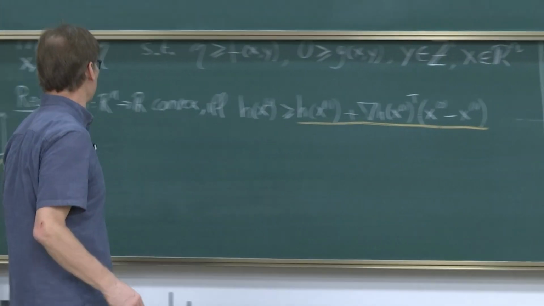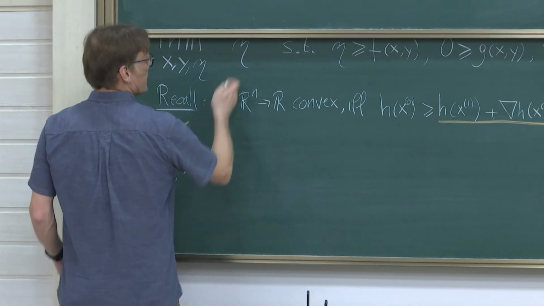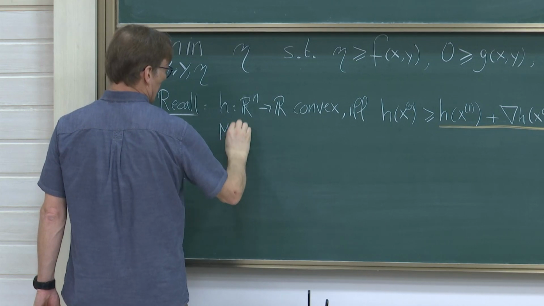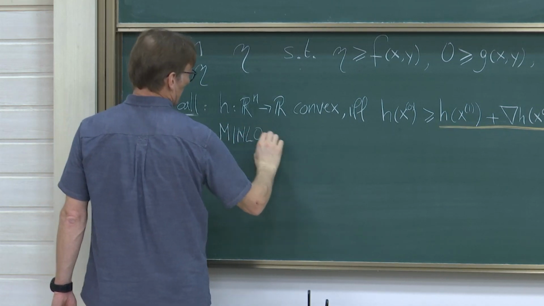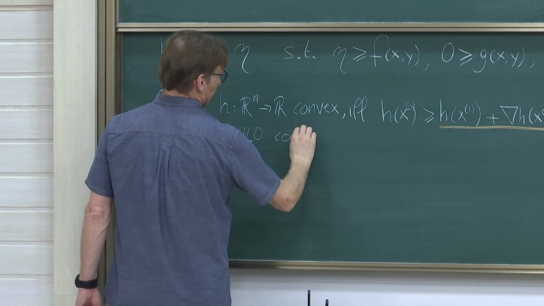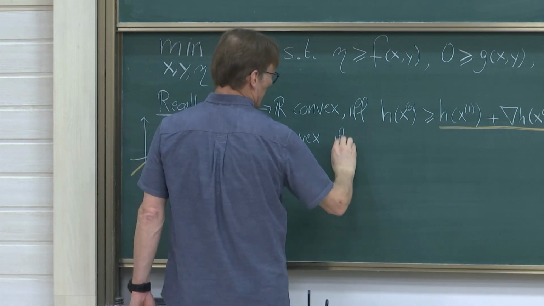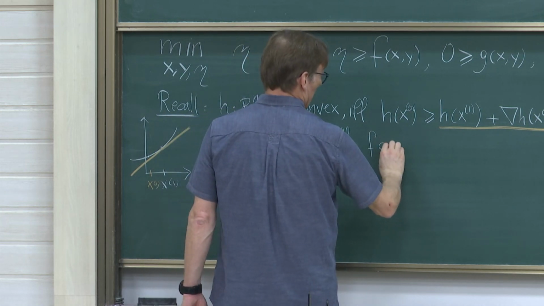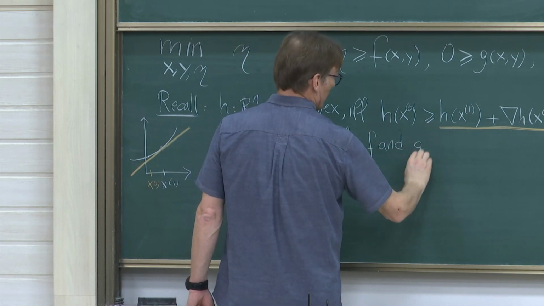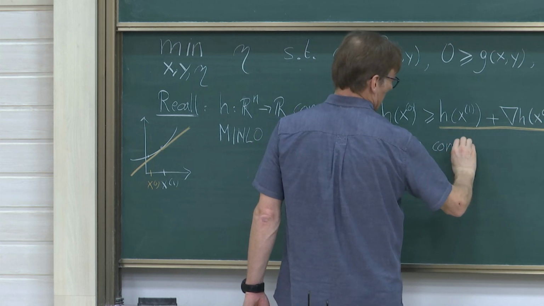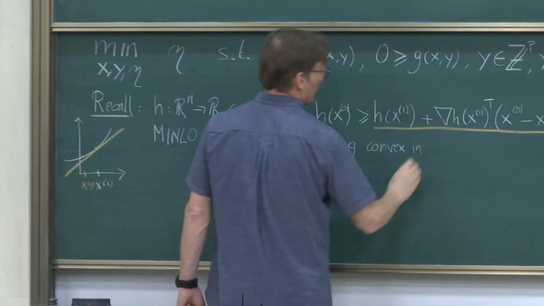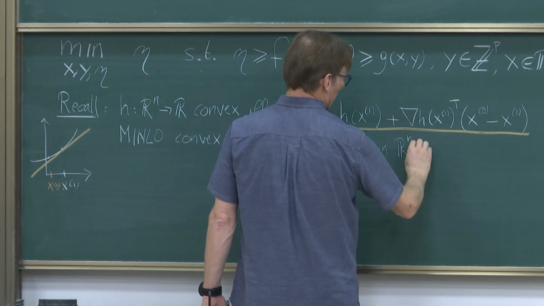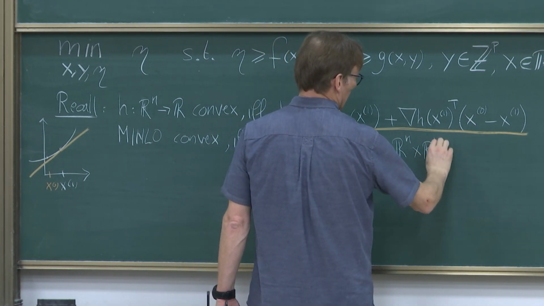We're also going to say that this mixed integer nonlinear problem is convex if and only if both the functions f and g are convex in R^n cross R^p.